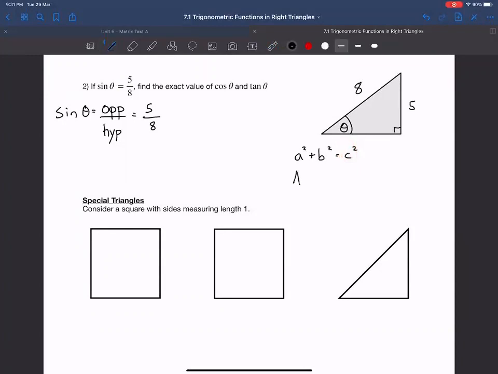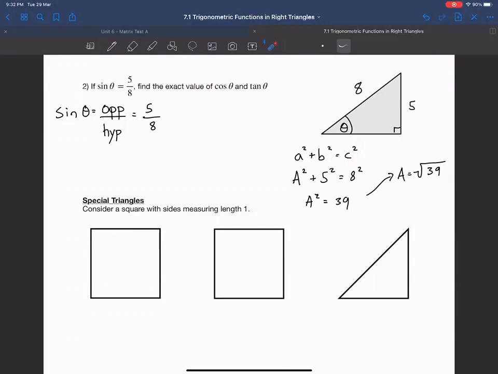So we have my capital A for my adjacent plus 5 squared is equal to 8 squared, which means that a squared is equal to 39. And over here, we can say then that a is equal to the square root of 39. Remember, the question asks for an exact value, so we don't want to approximate.